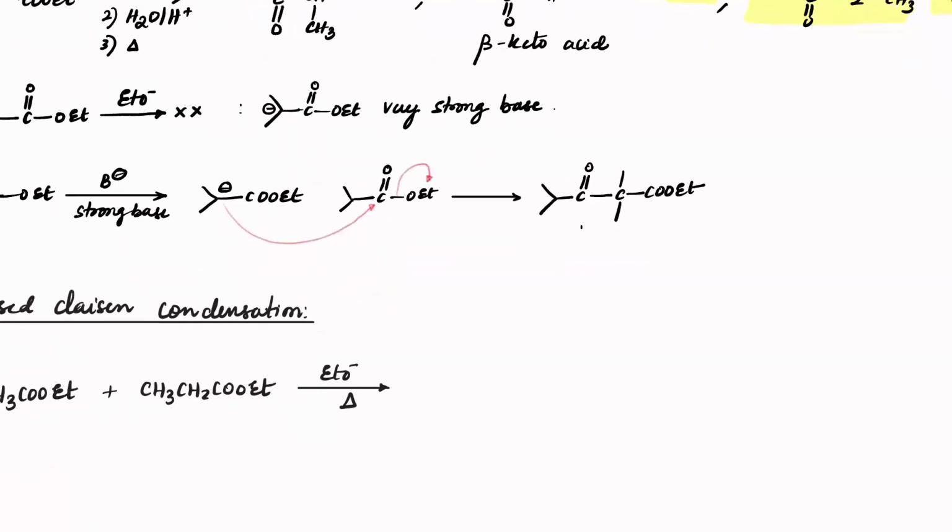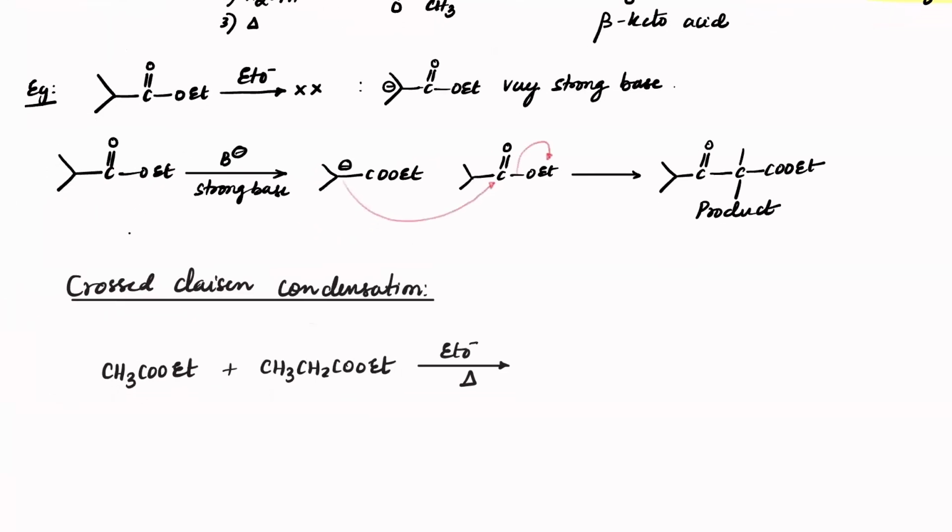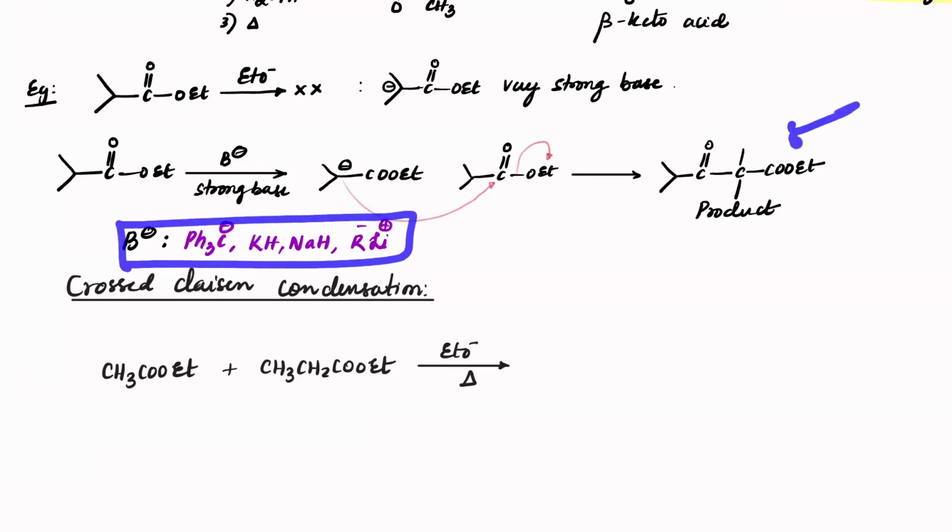This is the product you will get. So this is also a beta keto ester. But what are those strong bases, guys? The strong bases here include Ph3C minus, a very strong base, KH or NaH, potassium hydride, or RLi, right? These are all very, very strong bases. Only when you take such strong bases will this reaction be observed.